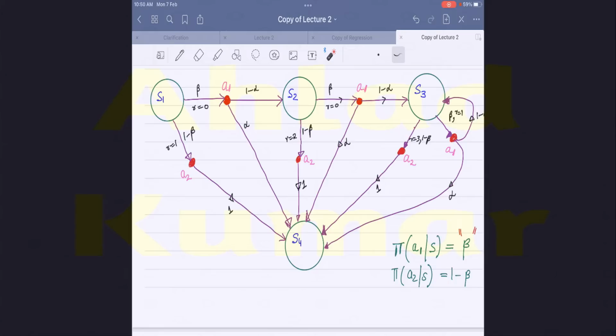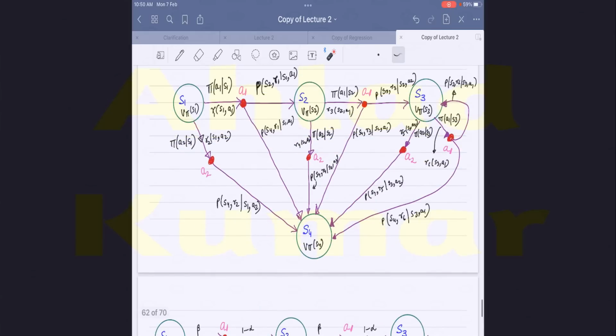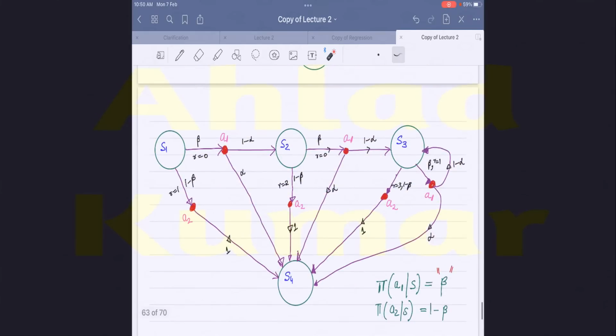And similarly, transitioning from state S3 to S4 gives you a reward of 3 here. Whereas if you continue to remain in state S3, then the reward is given as 1. So this is basically the reward indication, putting up the rewards which we have listed down over here. So that's what the values are for the reward.